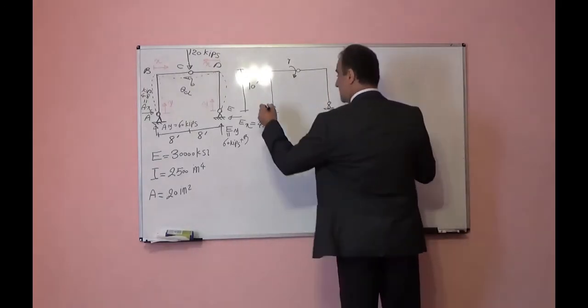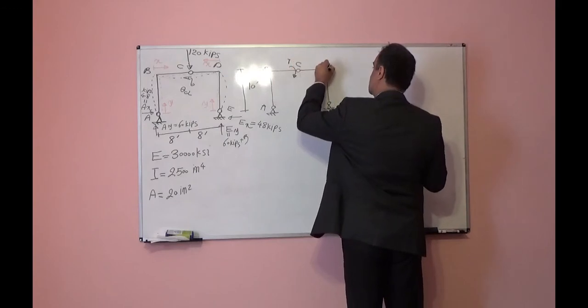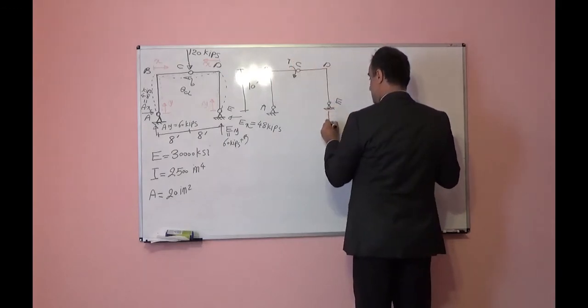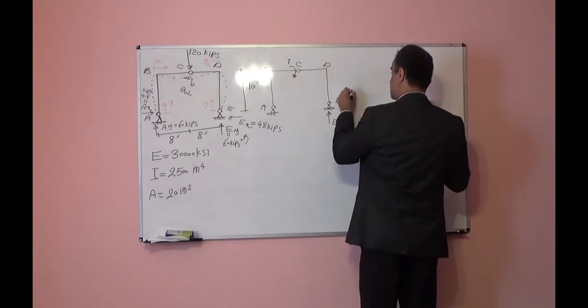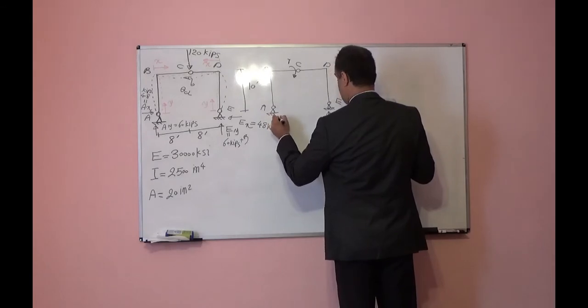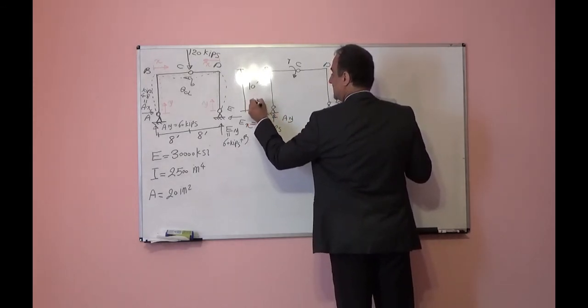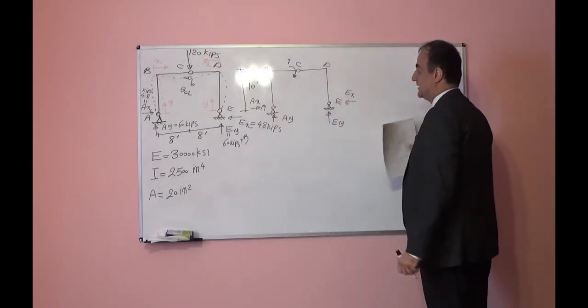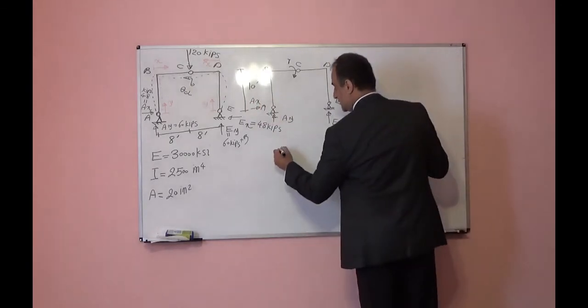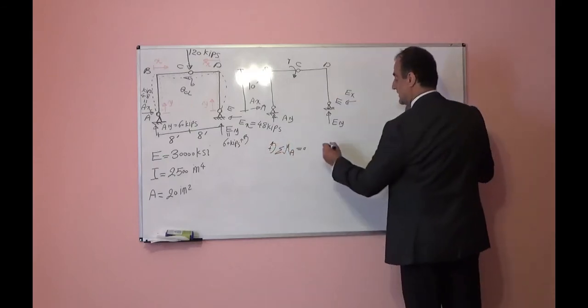Again, points A, B, C, D, E. I want to find Ey, Ex, Ay, Ax. If I take moment with respect to point A equal to 0, what do I have?